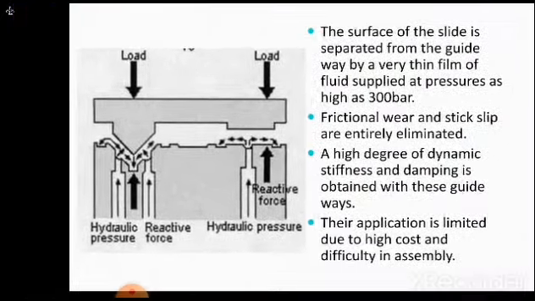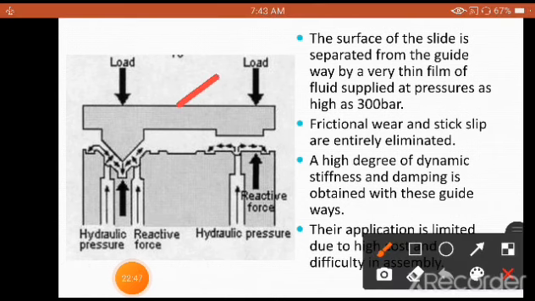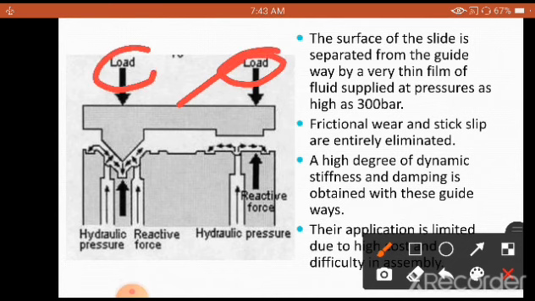Let us understand this cross-sectional view again. This is called the moving element, and the load is coming because above this there is a mounting of the work table and also the mounting of the workpiece. That is why the load is coming directly on this moving element.